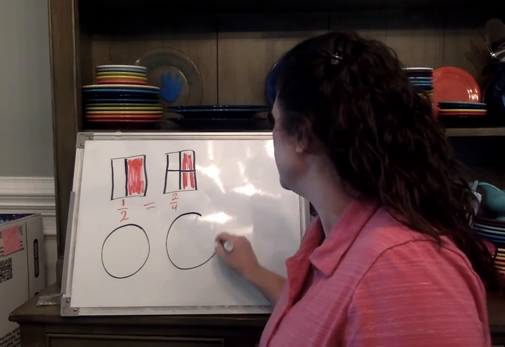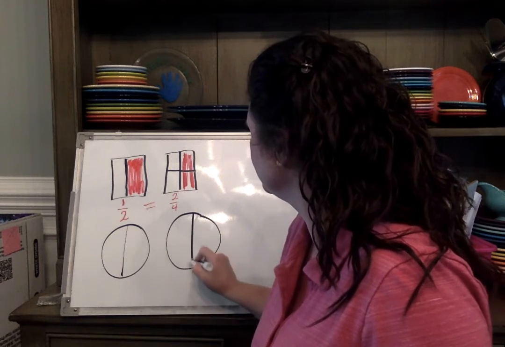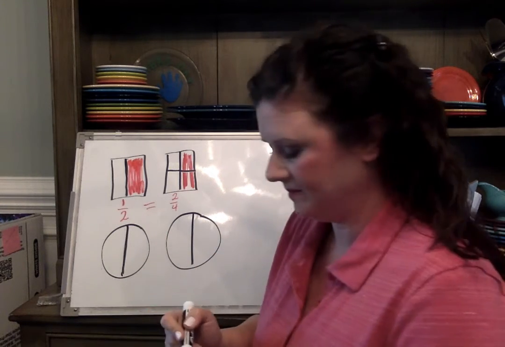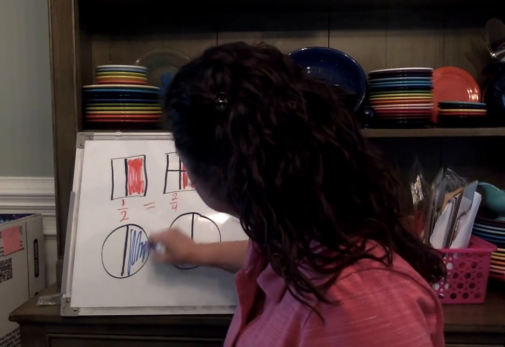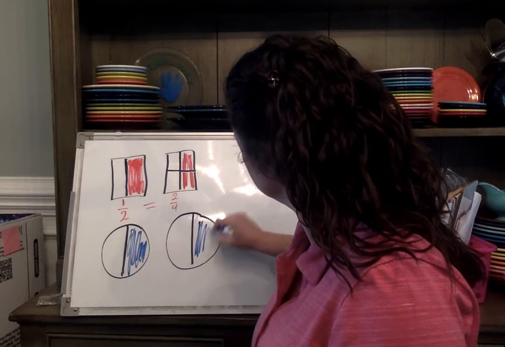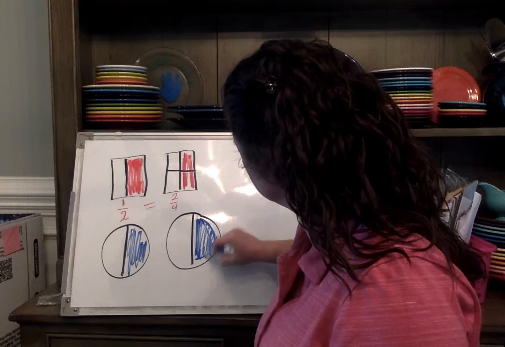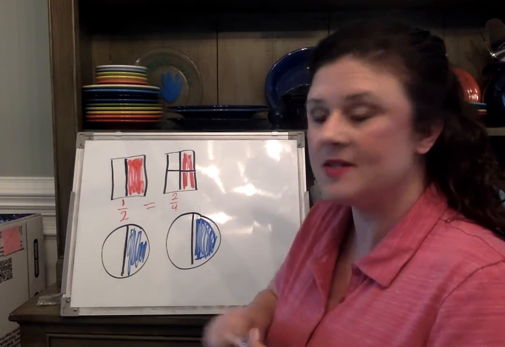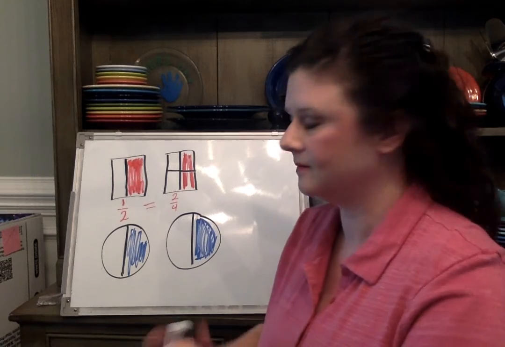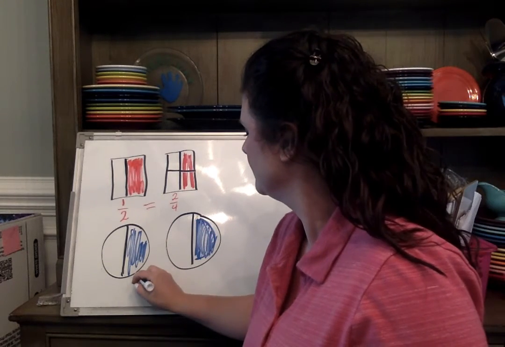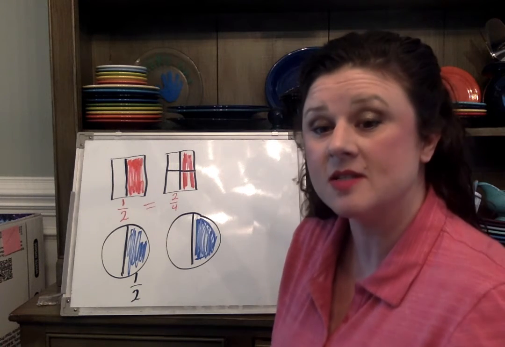And once again, these circles are supposed to be the same size. Okay, so for this circle, what's the fraction? It is 1/2 because the whole is the circle.